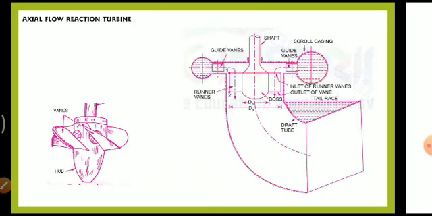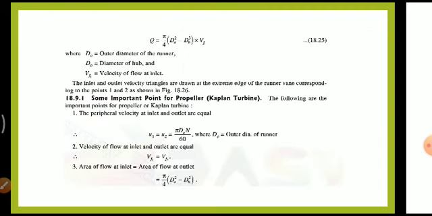If it is mentioned at the outer edge, you can use the outer diameter. If it is at the mean or at the middle of the blade, we have to calculate the mean diameter and use that. So this is the equation for discharge, this is the equation for blade velocity, which is the same, and velocity of flow will be the same, Vf1 is equal to Vf2.